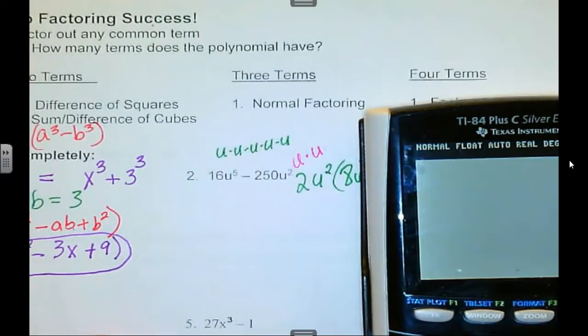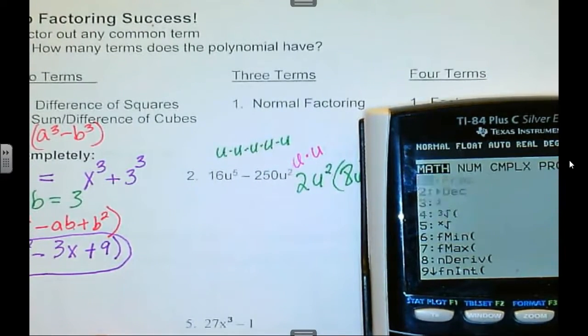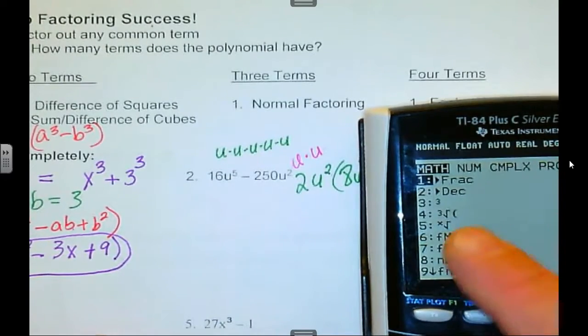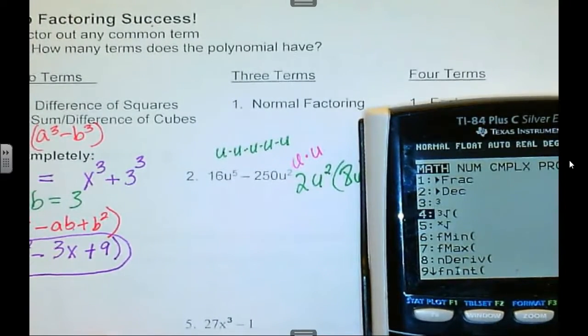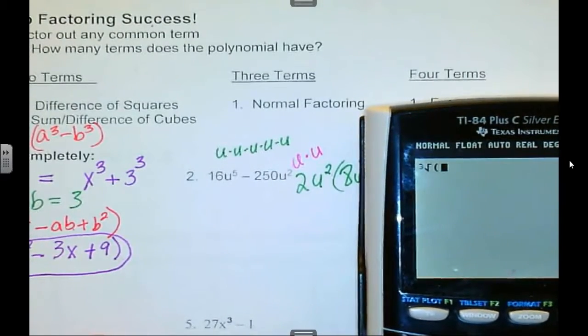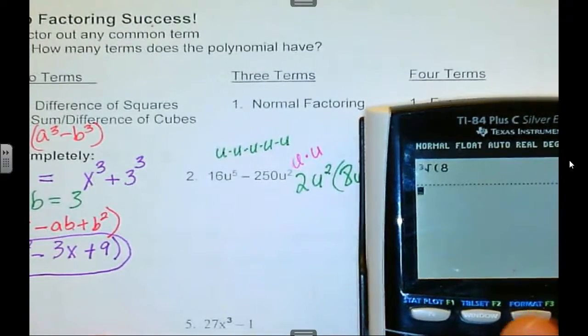Okay, hit your math key. Go to num. Nope, that's not it. Oh, there it is, number 4. Back on the num. Hit enter. I'm going to see if 8's a perfect cube if you don't have your chart. Hit 8 in there. And it is. It's 2 cubed.